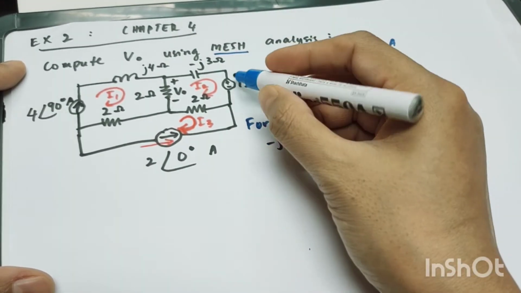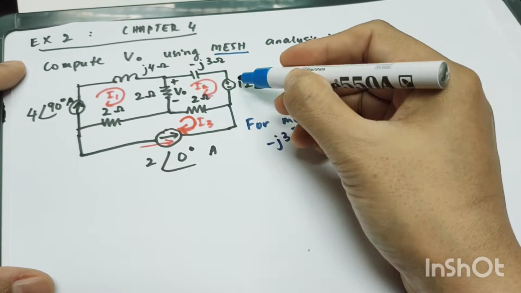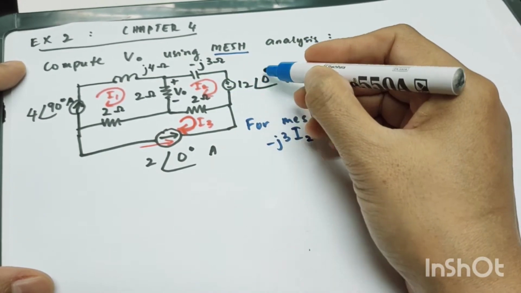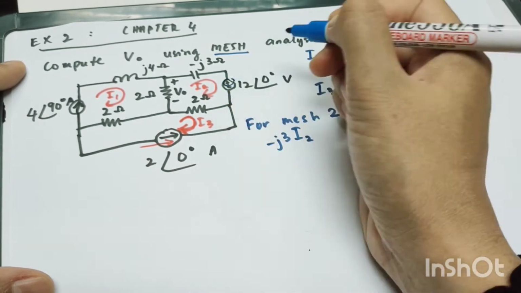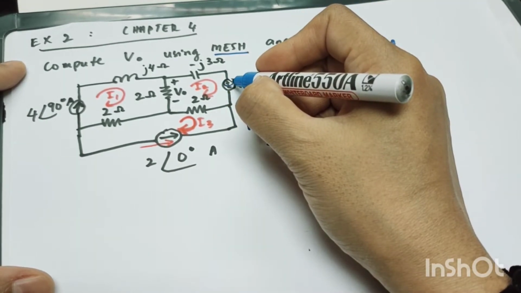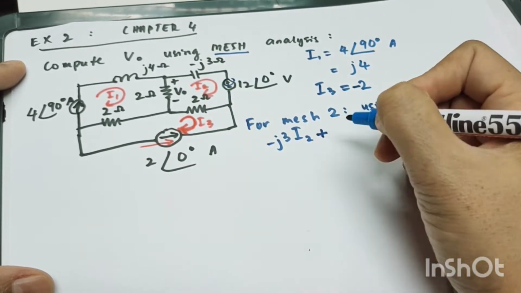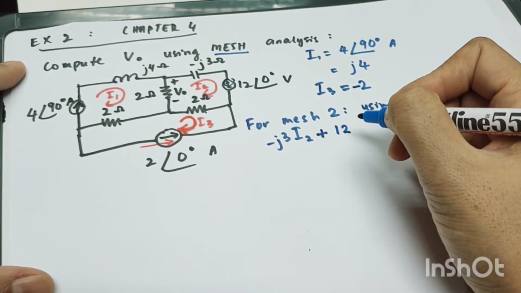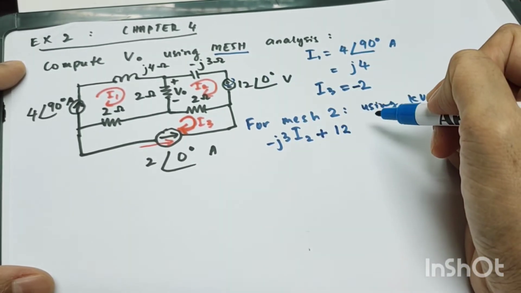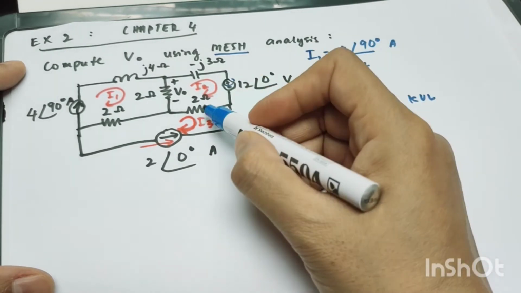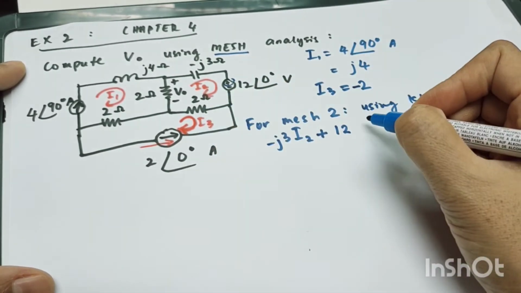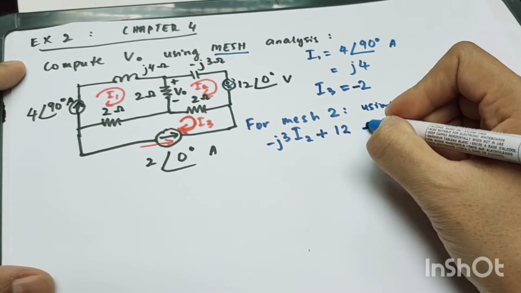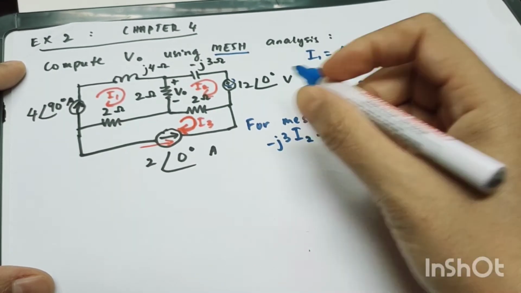Then I2 is going clockwise, and we see this voltage source 12∠0° volt. As you can see here, we see the positive sign first, so the voltage here is plus 12. Then we go to the next one, the 2 ohms resistor. It becomes plus 2 times the current.